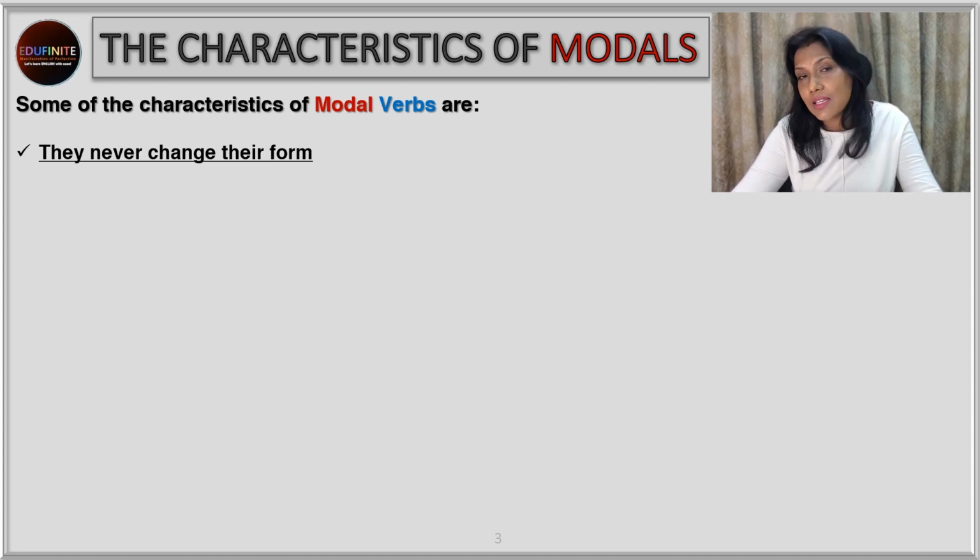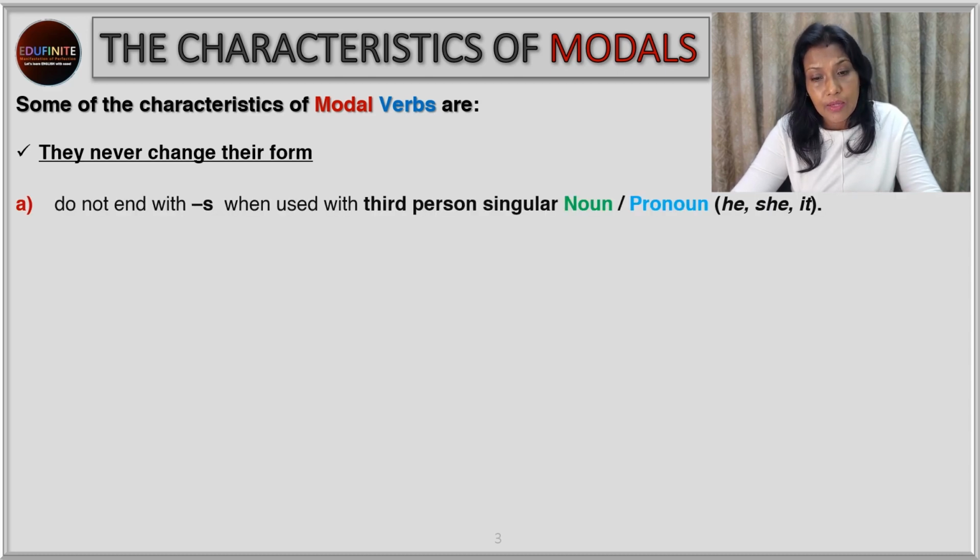So an S is added at the end of the verb, and that's how we express it. But modal verbs never change their form ever. So, they do not end with S when used with a third person singular noun or pronoun, he, she, it.